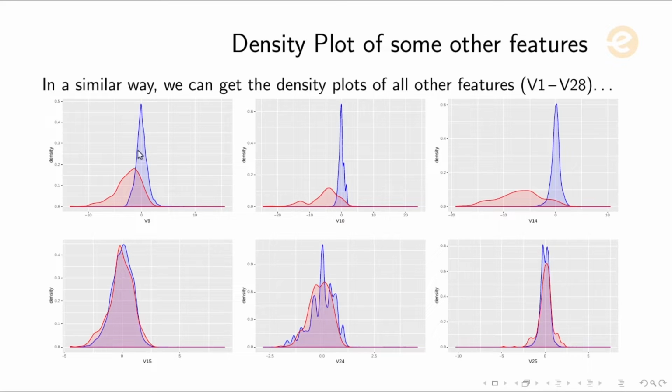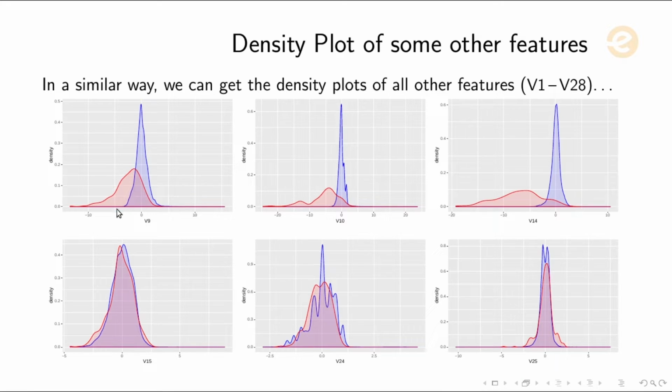It has a high peak of 0.5 density, whereas the fraudulent transactions go from maybe +3 till -10. So if we know that the value of a transaction for V9 is less than -5, then we can say that there is a high chance that it is a fraud, because for the legitimate transactions, the value of V9 is between say -3 and +3. It hardly goes to more than +3, it hardly goes to less than -3.